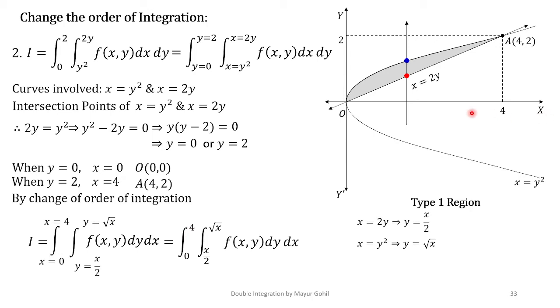Okay, so anytime you are asked to change the order of integration, the steps that are needed are: number 1, you write the integral properly and then see the curves involved in it. Second, if any intersection points are required, calculate those.